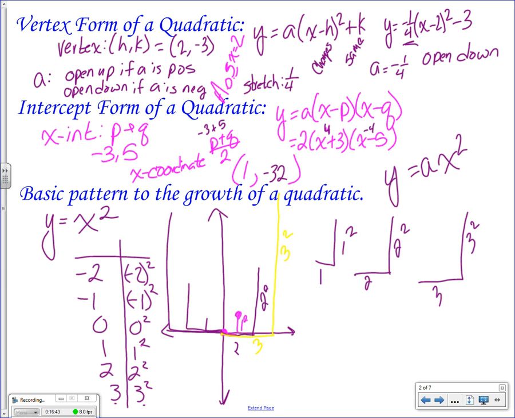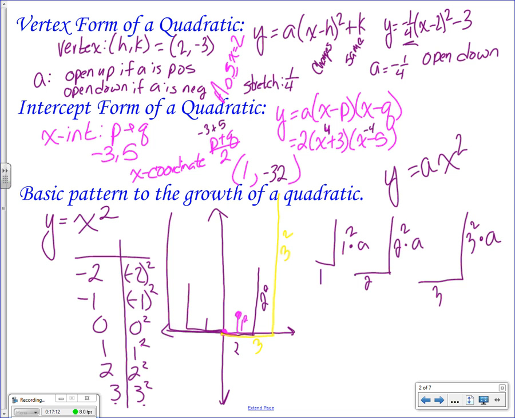This is A times. I'm still going to do my basic pattern, and then what am I going to do? Multiply by A. In this case, what is A? 1/4. It depends on the equation.